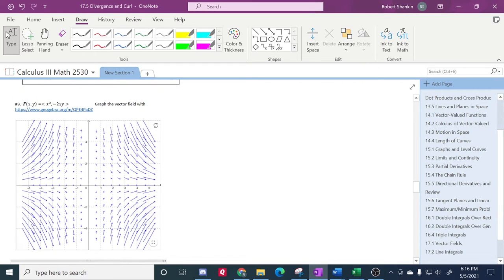All right, so let's start with the divergence of f. Now, divergence of f is a scalar. It's the partial with respect to x of the first function, that's the little f. And this is the little g.